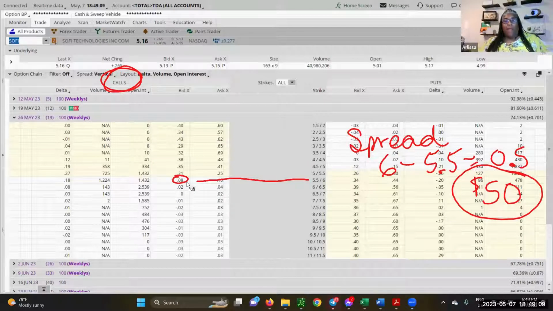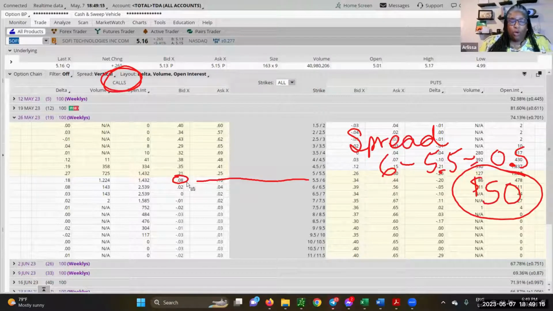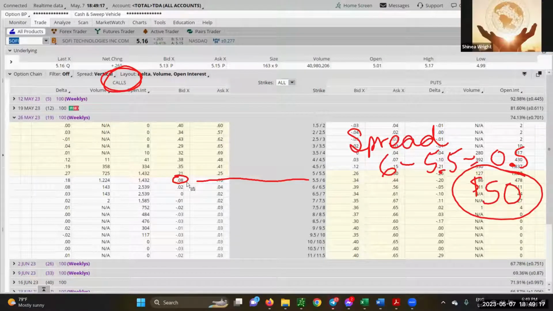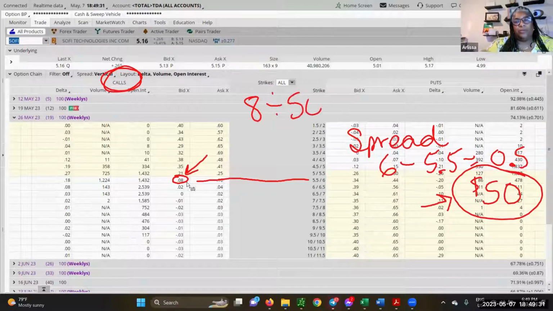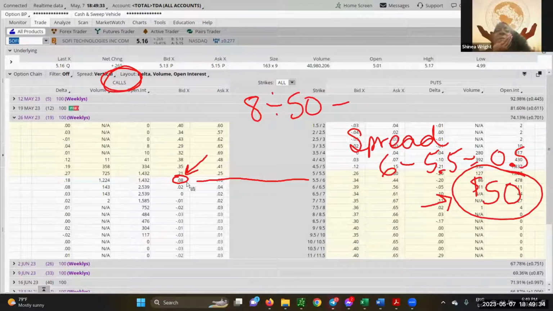Now, I always think about this in terms of return on collateral. In this case, you are leveraging $50 and you're making $8. We think about $8 divided by the $50. What percentage return is that?